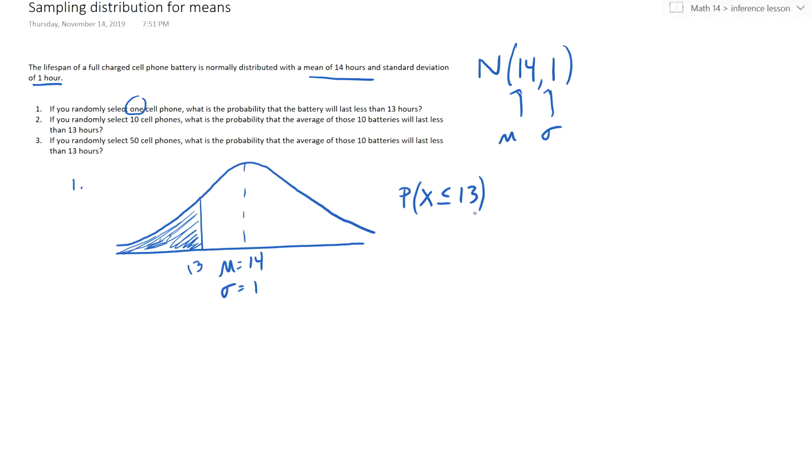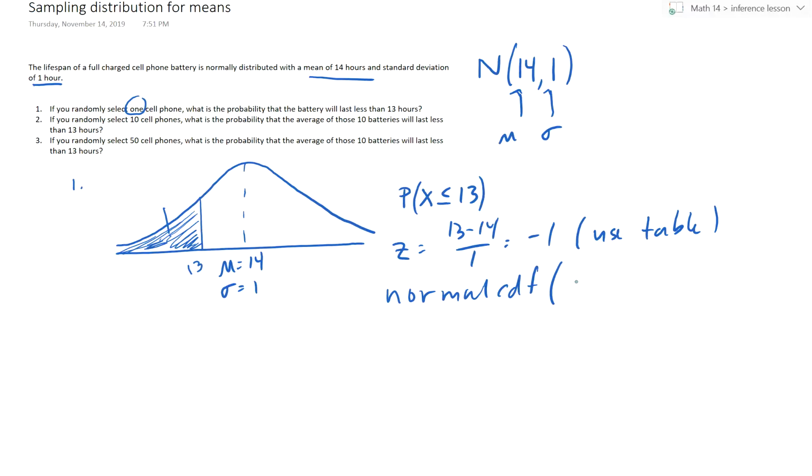Well, I could find the z-score, which is 13 minus 14 divided by 1, which is negative 1. I can look that up on the table, and the table will give me that area. Or I can just do normal CDF, and it's going to be the lower, the upper, the mean, and the standard deviation.